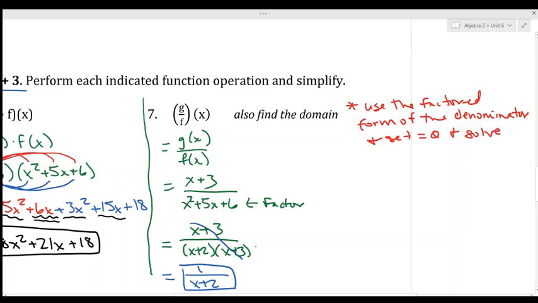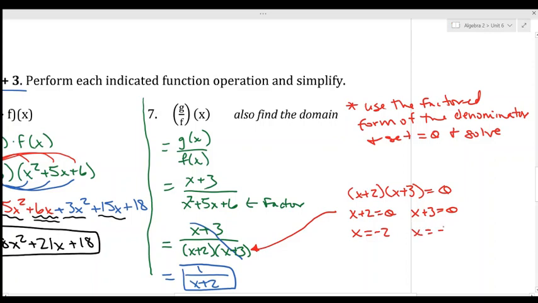So we're going to look at this factored form of the denominator. So when we have x plus 2 times x plus 3 equals 0, set both of those equal to 0, we get x plus 2 equals 0, x plus 3 is equal to 0, solve for both, we get x is equal to negative 2, x is equal to negative 3.